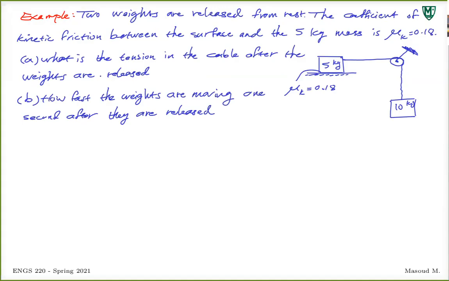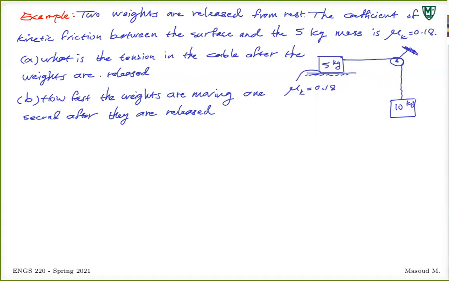Once you have two boxes that are connected by a rope, remember the assumption we made about ropes and chains in engineering mechanics, in statics, and it also applies in dynamics: ropes and chains do not stretch. The length is constant, meaning that from the beginning till the end they don't have any relative motion.